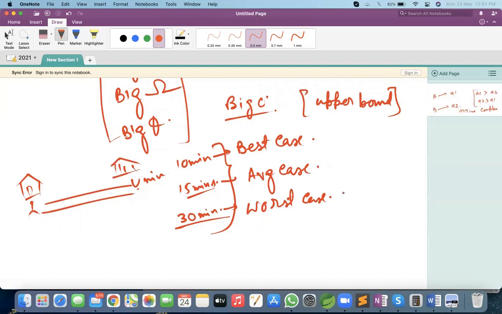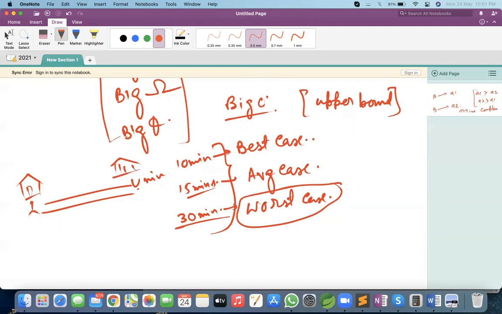Okay, now let's assume which is more important out of these three. Obviously all three have their own importance, but see, worst case means whatever the scenario, within that time I will reach. Means however big the input is, your algorithm can finish within that time.